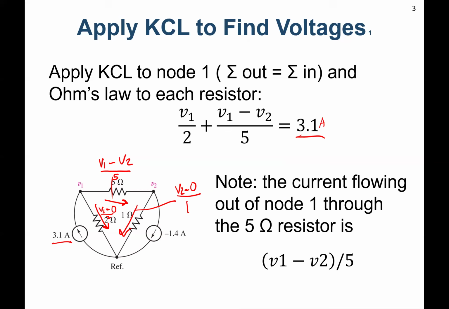So I'll just take this first current over here. This is current out of the node. So that's V1 over 2. And I drop the 0 because V1 minus 0 is still V1, right? So it just becomes V1 over 2. And then the other current that's exiting that node is the current through the 5 ohm resistor. So I'm going to add plus V1 minus V2 over 5. Okay? Everybody follow that so far?